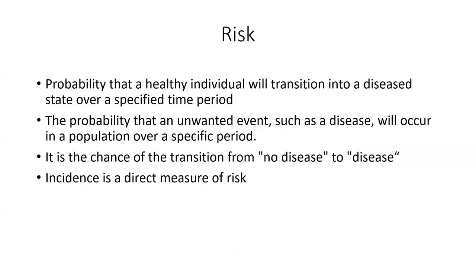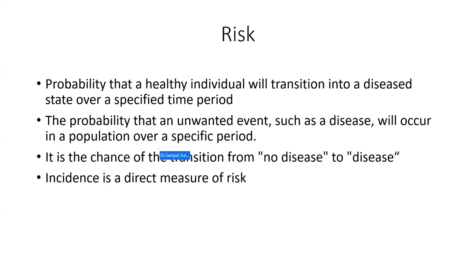Now, sometimes what you are really interested in is not burden. You are interested in the risk of the disease. So what is risk? Risk is very different from the burden. Risk is actually a probability that a healthy individual will transit from a non-disease state to a diseased state. So it is a probability that the disease will occur in the population you are studying over a specified period of time.